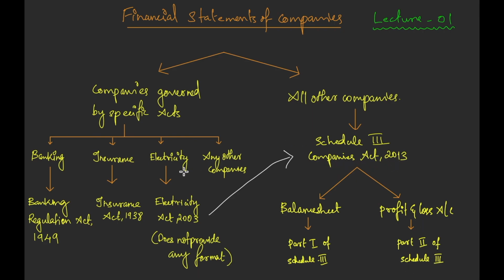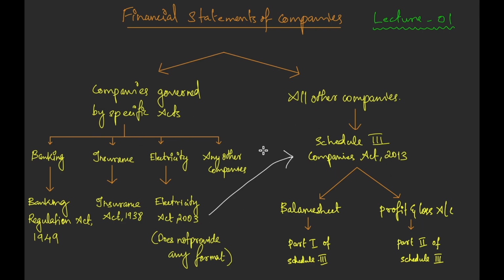And here under electricity companies, the Electricity Act 2003 does not provide any format for preparing balance sheet or profit and loss account. So these electricity companies should follow Schedule 3 of Companies Act 2013 for preparing their balance sheet as well as profit and loss account.